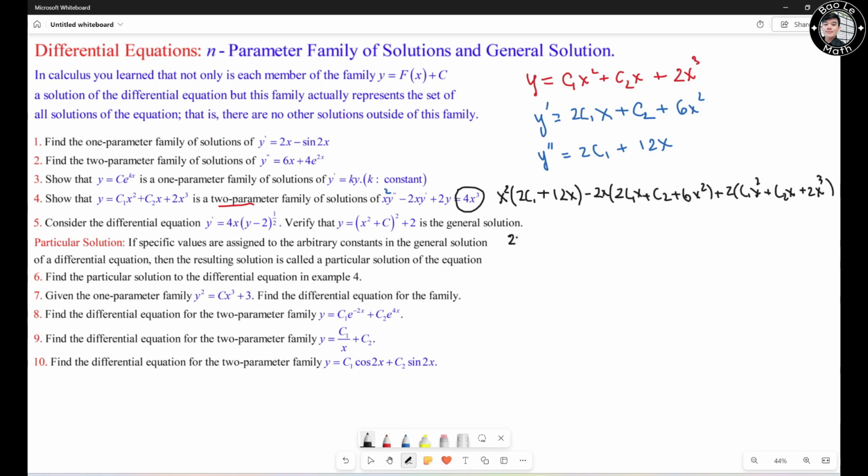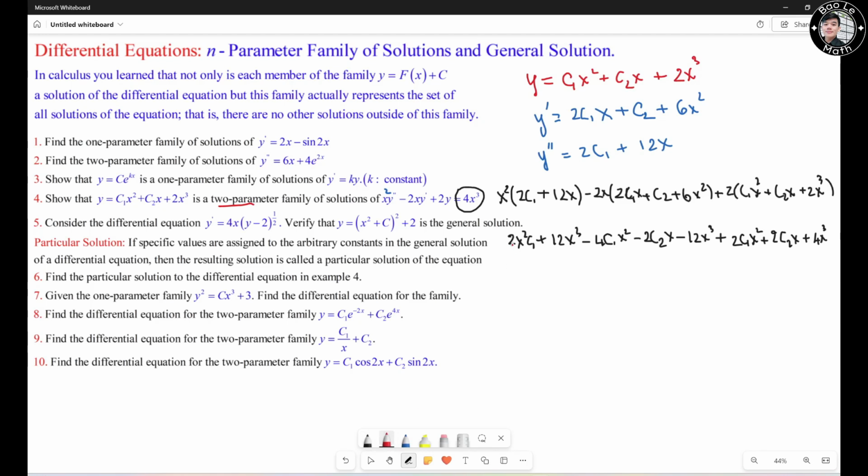It turns out to be 2s cubed c1 plus 12s cubed, minus, this is c1, it's not 4, so it should be 4c1 s squared, minus 2c2 s minus 12s cubed, plus 2c1 s squared plus 2c2 s plus 4s cubed.